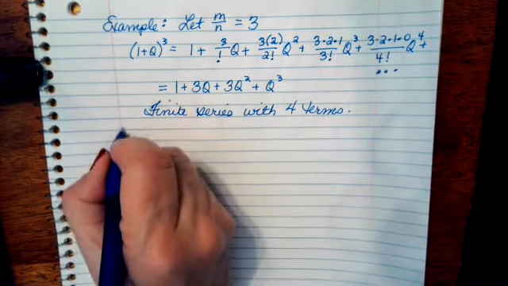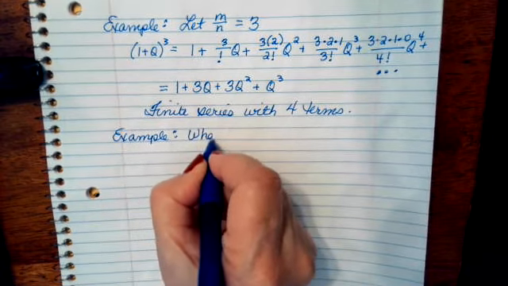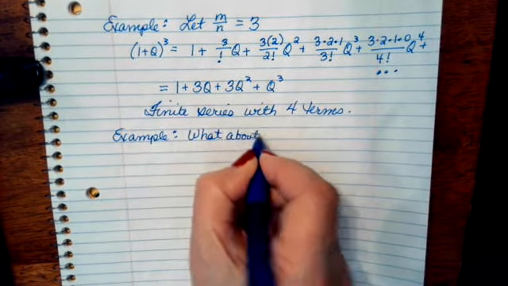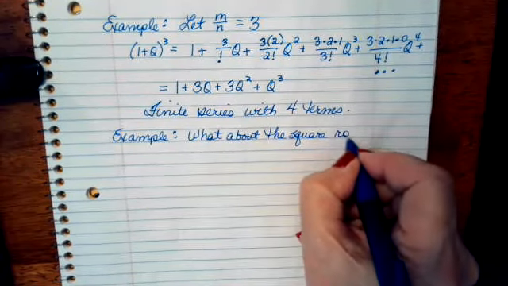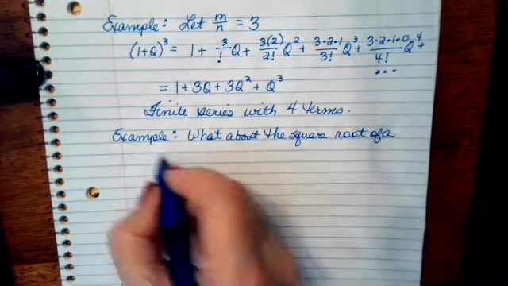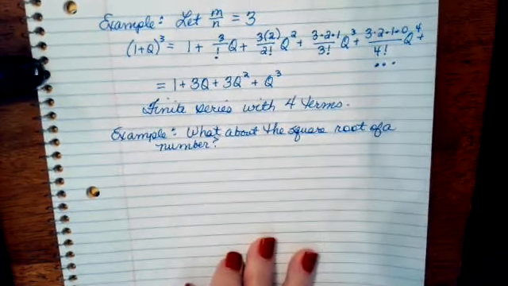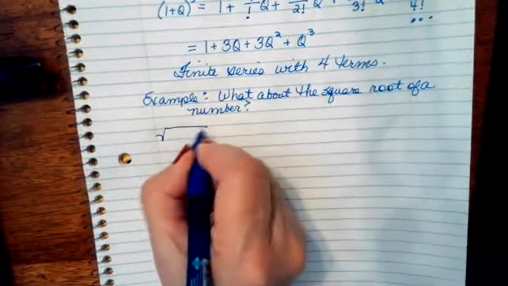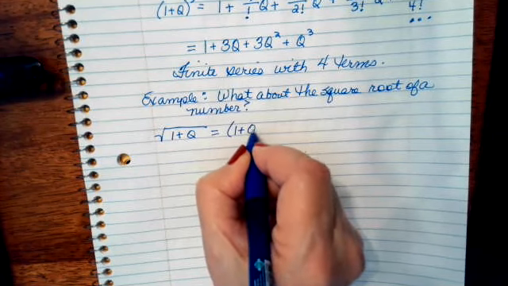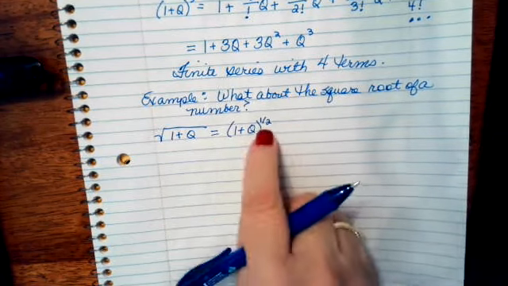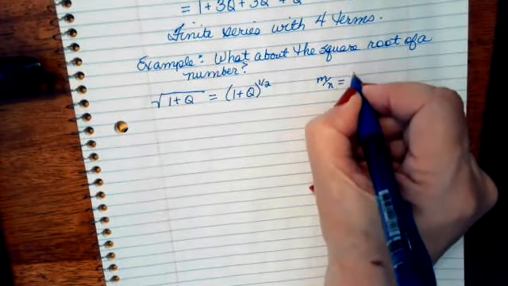Okay, let's try another number. What about the square root of a number? So the square root of 1 plus q is 1 plus q to the 1/2 power. And in this case, my exponent is 1/2. So using Newton's notation, m over n would be 1/2.